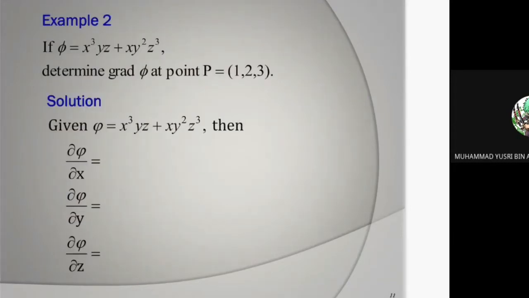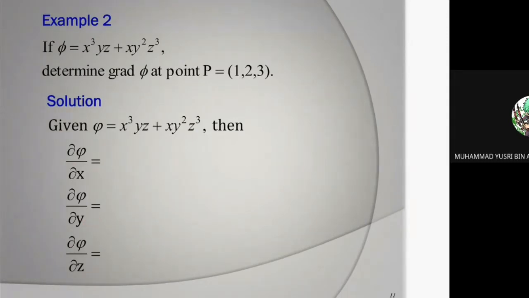Now let's try example 2. If phi is equal to x to the power of 3 y z plus x y squared z to the power of 3, determine gradient phi at point P (1, 2, 3). So now let's differentiate it with respect to x, with respect to y, and with respect to z.